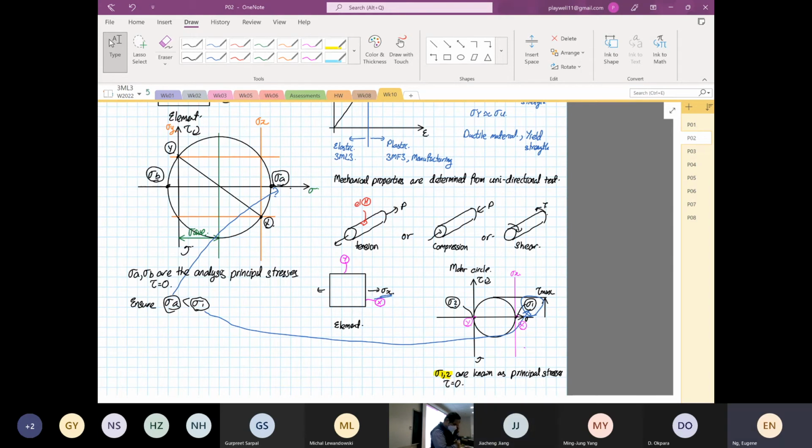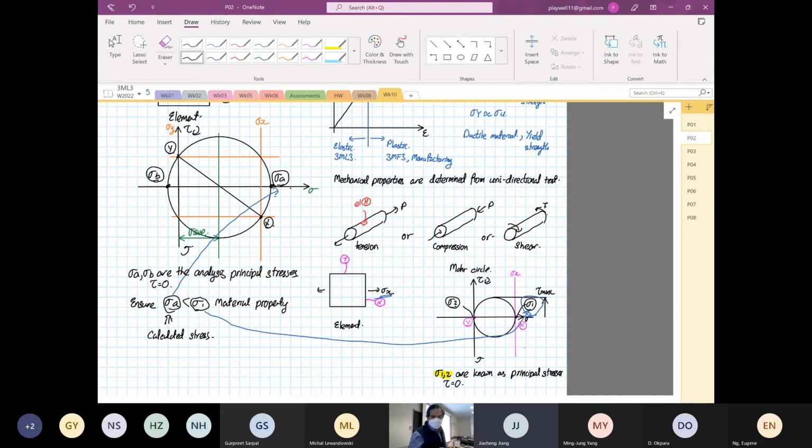Because this is a material property, and this is your calculated stress. So your calculated stress has to be less than stress 1. Jiang, does that make sense?